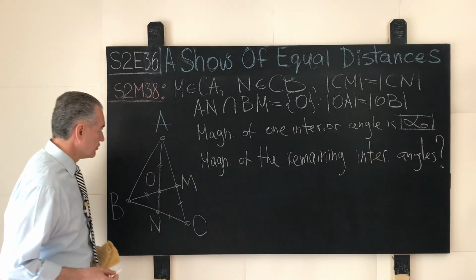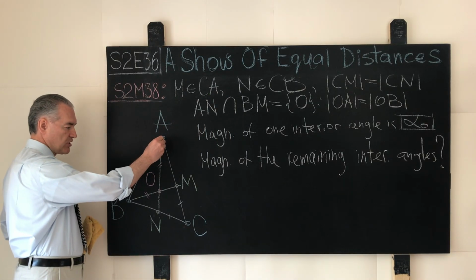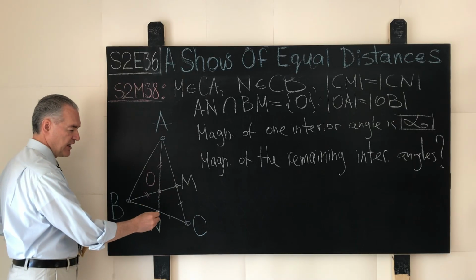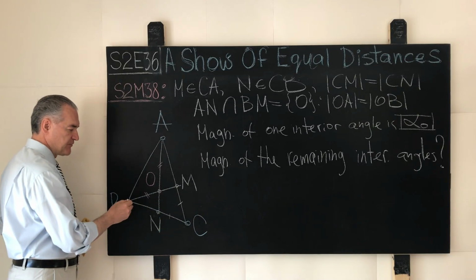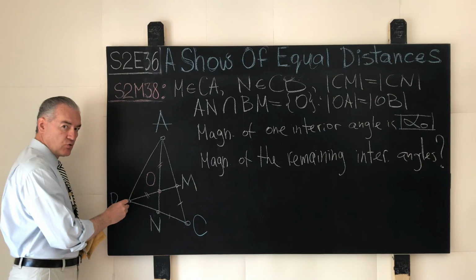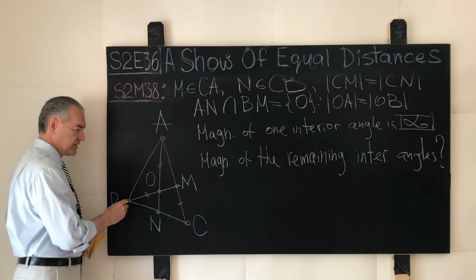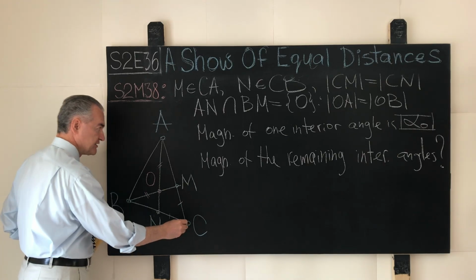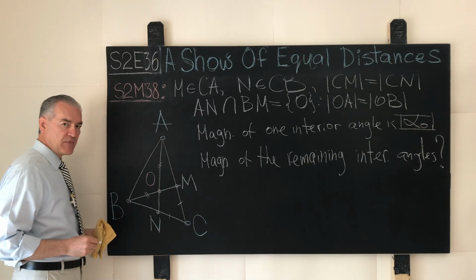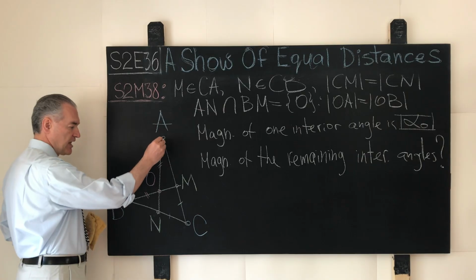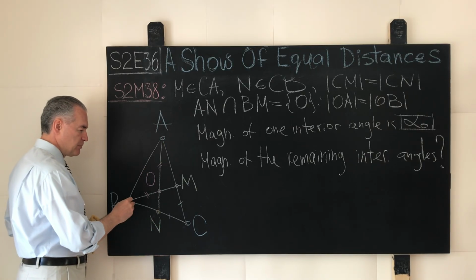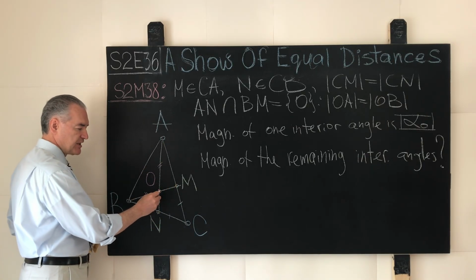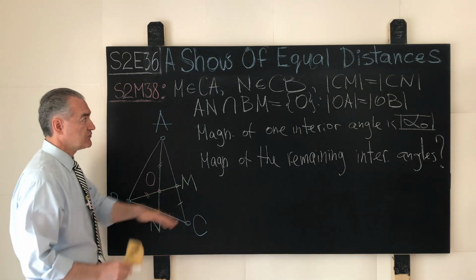Moreover, we're told that the vertex A of the parent triangle is connected with the point N on the side CB, and the vertex B of the parent triangle is connected with the point M that was chosen on the side CA, and the line segments AN and BM intersect at the point O, as reflected over here.